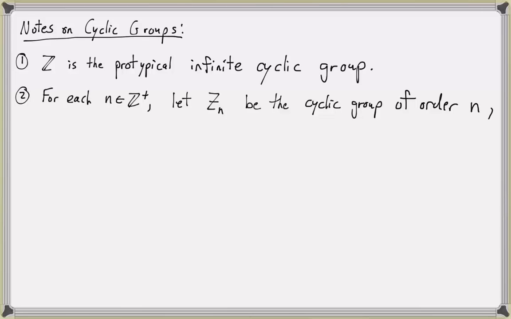I'm going to write this multiplicatively. So up to isomorphism, there's really only one cyclic group of order n.